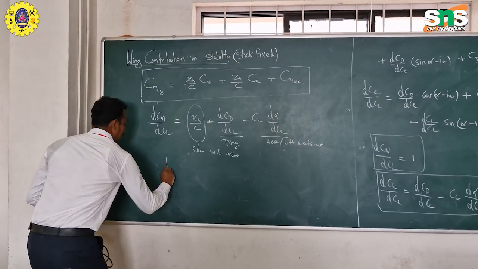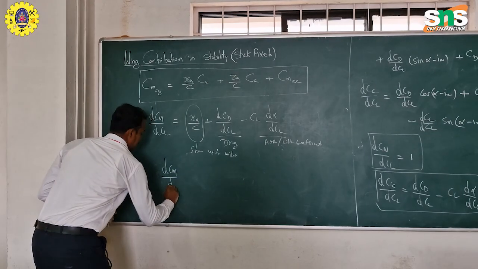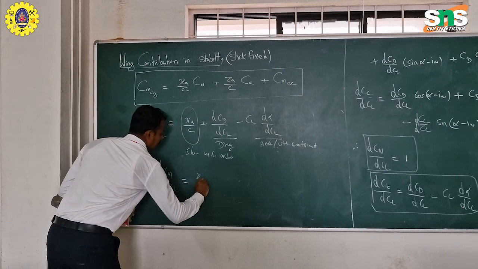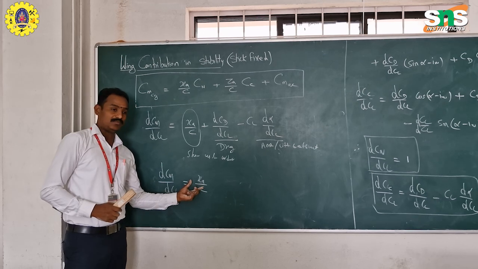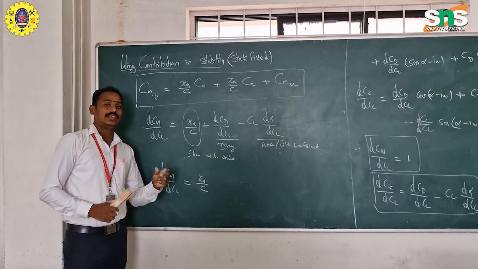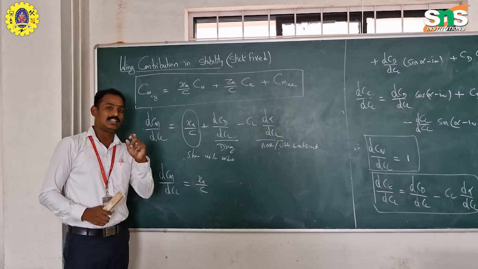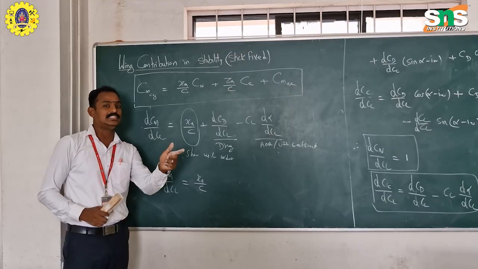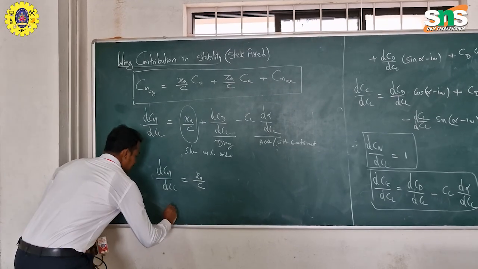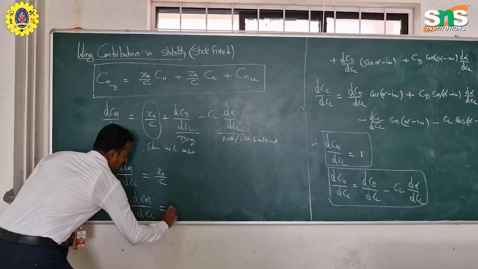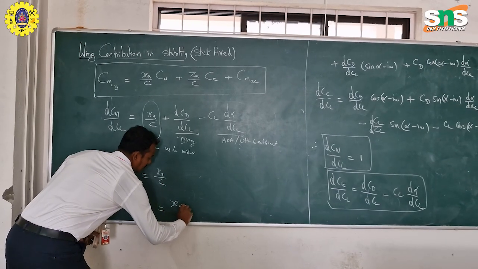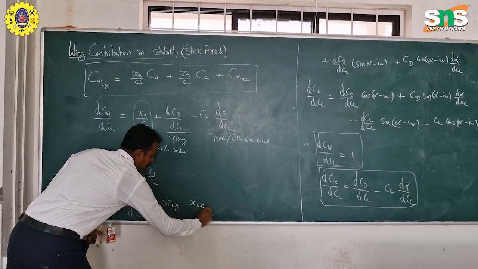So dCm by dCl is equal to XA by C. It means the wing position with respect to the CG indicates where the aerodynamic center is located and where the CG is located. Rewriting with respect to CG, dCm by dCl equals X CG minus X aerodynamic center.